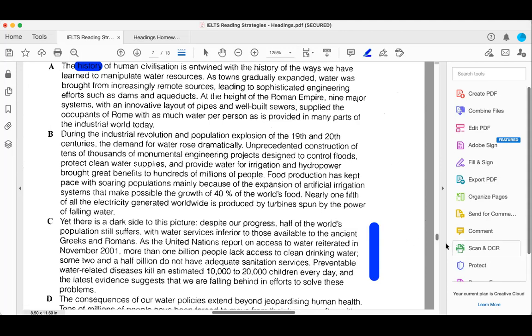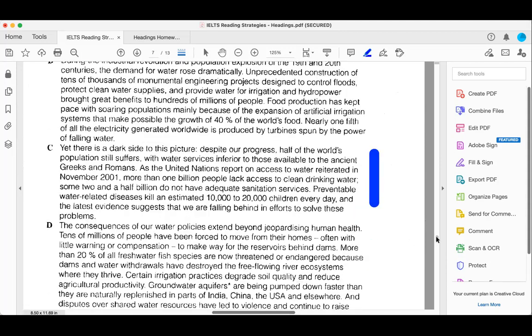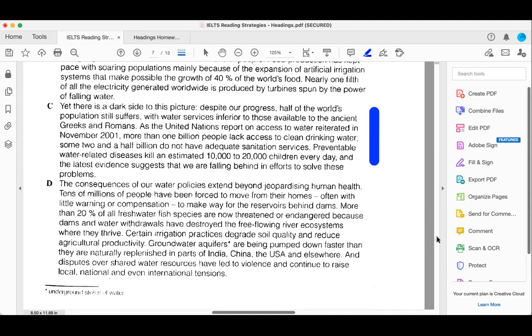All right. We need the heading for the next paragraph. What's the main sentence here? What's the main idea? The first sentence: again, read the sentences one by one, never read two sentences together. What's the first sentence saying?